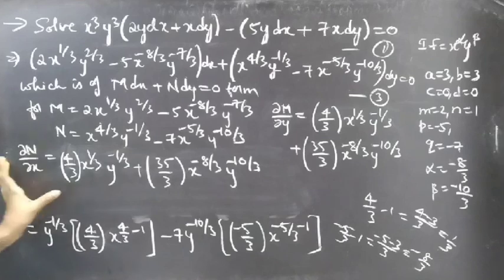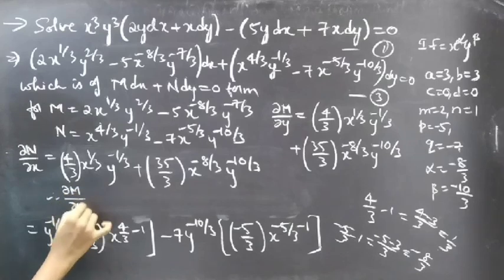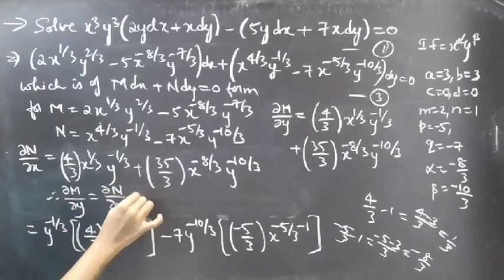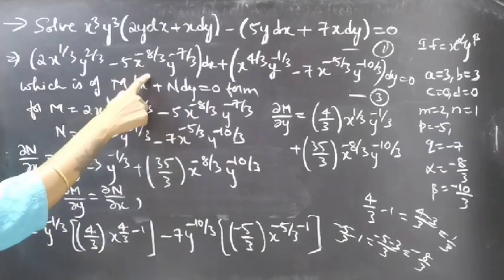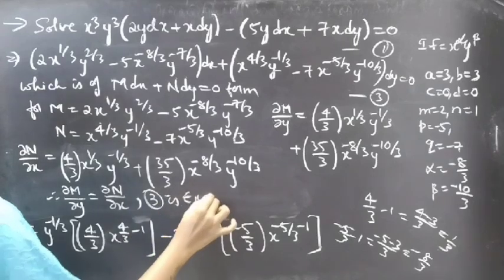So by observing these two, we can say that the partial derivative of m with respect to y equals the partial derivative of n with respect to x. It shows that the reduced equation, that is equation 3, is exact.